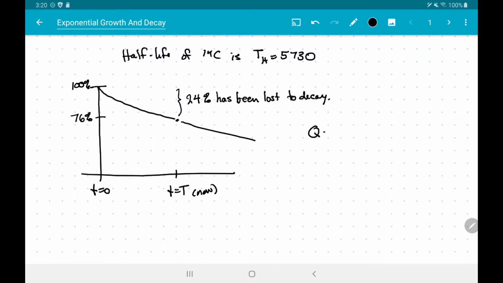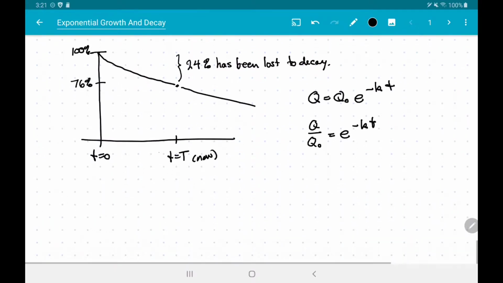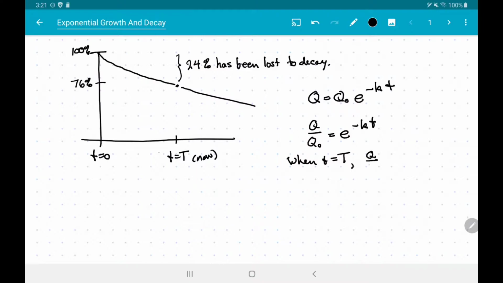So here's exponential decay. I'm going to first divide by q sub 0 to get to here, and use the fact that when little t equals big T, q over q0 is 76%.